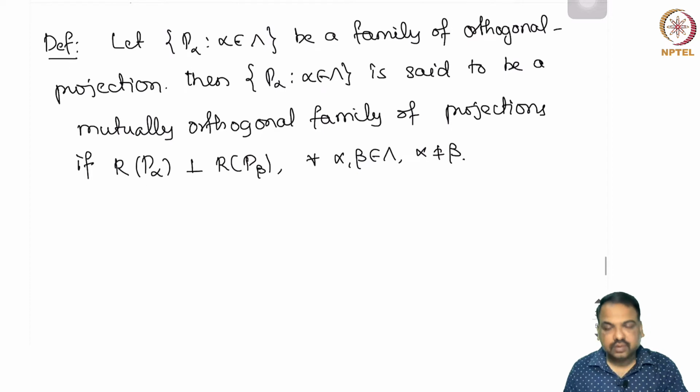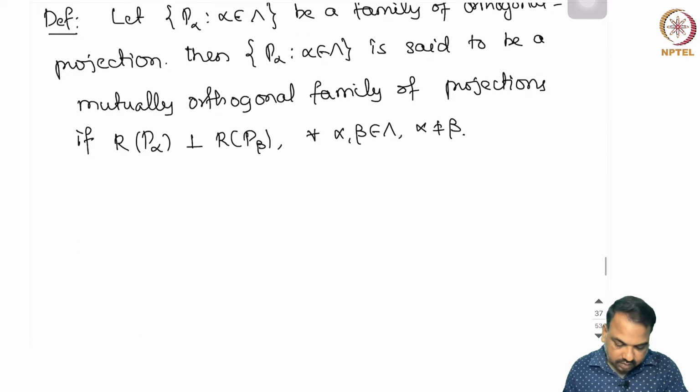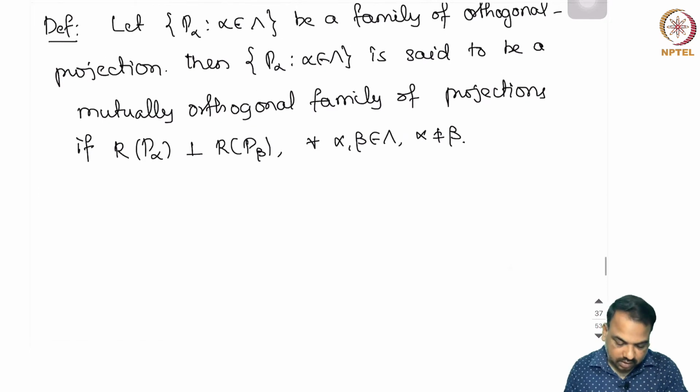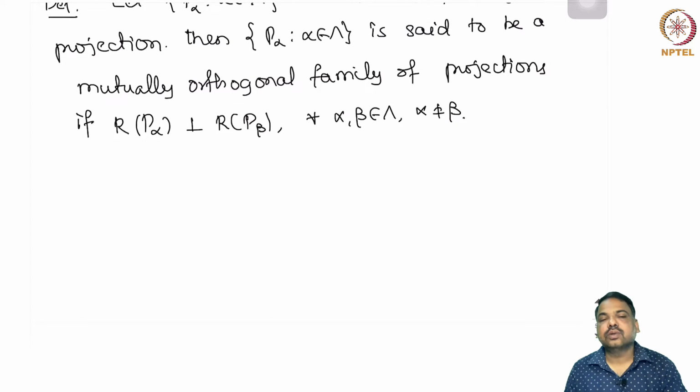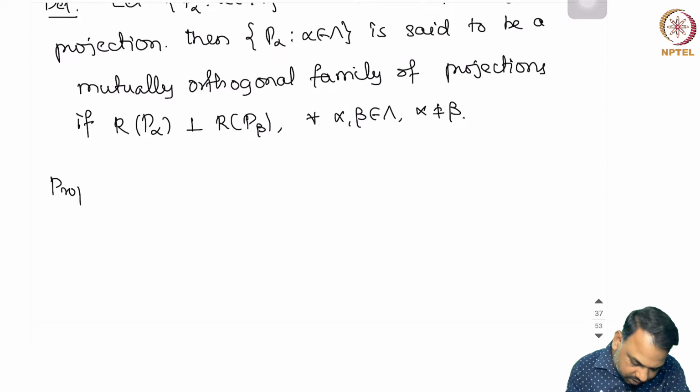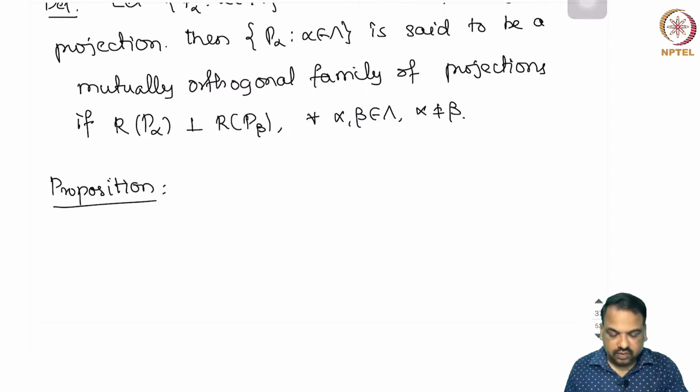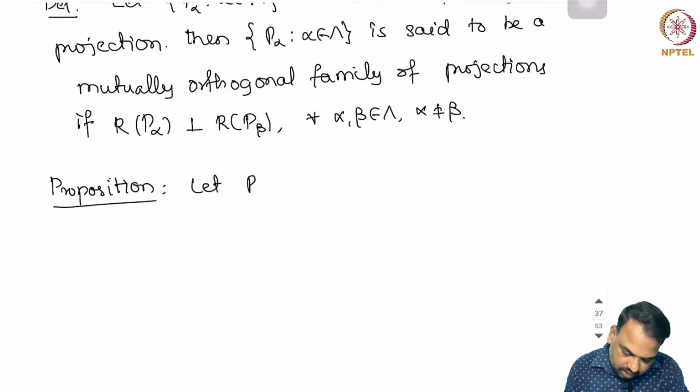Okay, now we can ask what is the advantage of mutually orthogonal projections. So let us look at the advantages of such a family of projections. Suppose you have two mutually orthogonal projections P and Q. Let me write it as a proposition. The first question we can ask is when we can say that two given orthogonal projections are mutually orthogonal. So let P and Q be orthogonal projections.